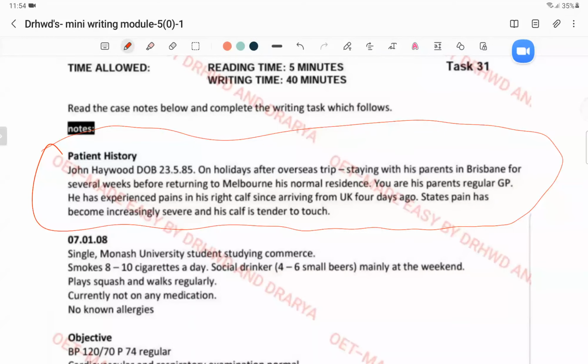He just told him about his signs and symptoms, and that's it. That's good. Any information that you want to exclude? Is there any information here which is irrelevant in this paragraph only? Staying with his parents in Brisbane.